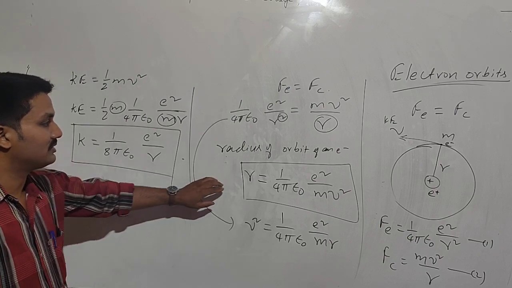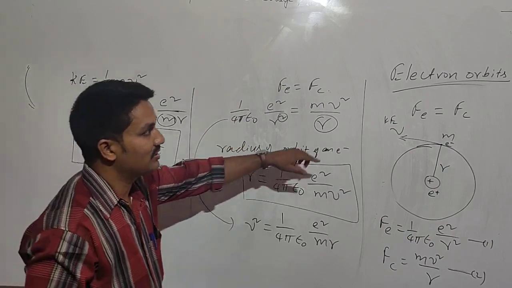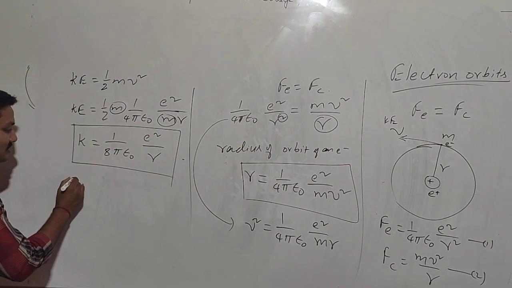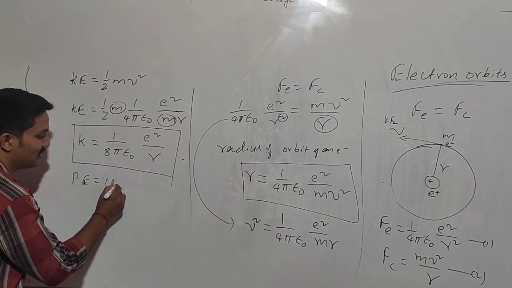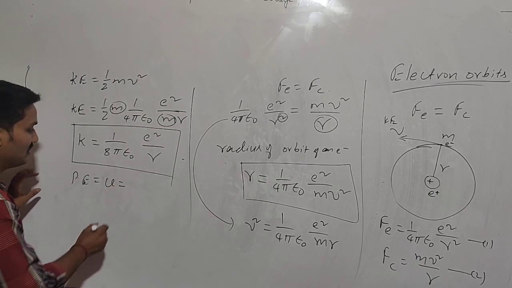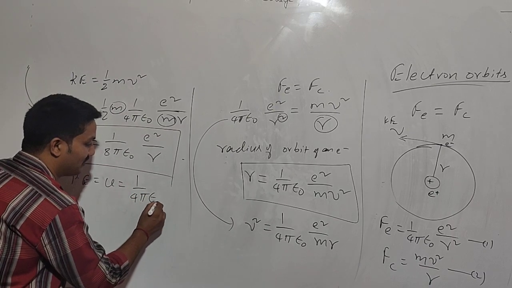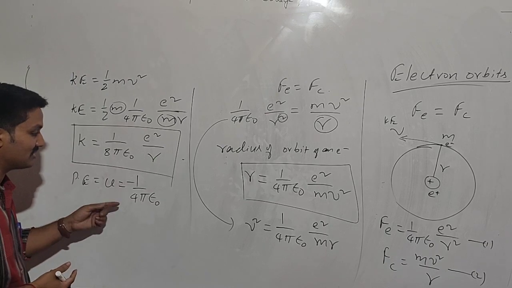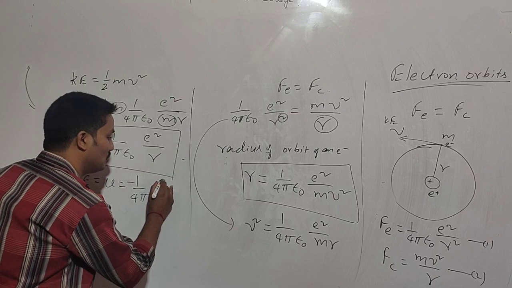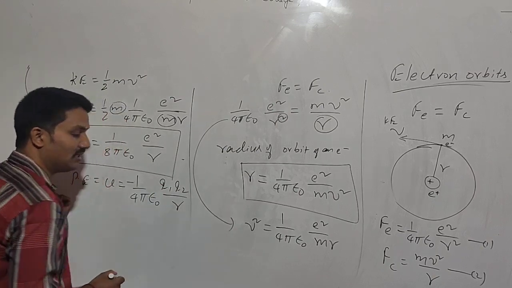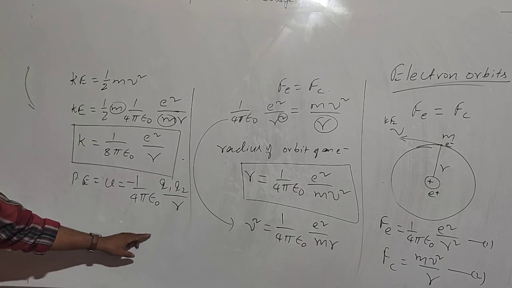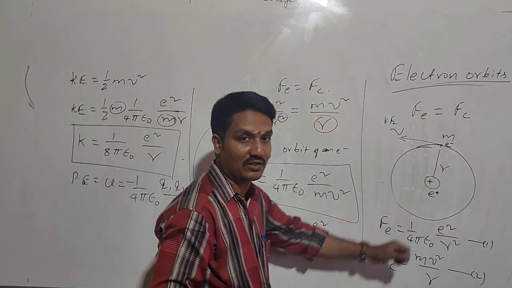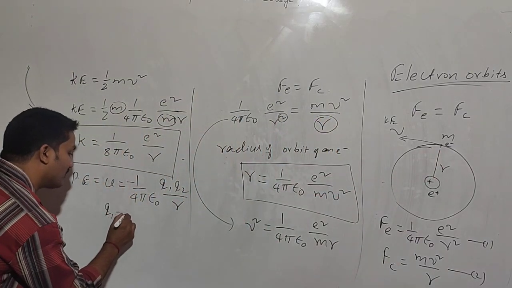Now we have to determine the potential energy of the electron within the orbit while it is revolving around the nucleus. The potential energy U is equal to 1 by 4 pi epsilon naught Q1 Q2 by r, with a minus sign if we consider the direction also. Here Q1 is the proton charge e and Q2 is the electron charge e.